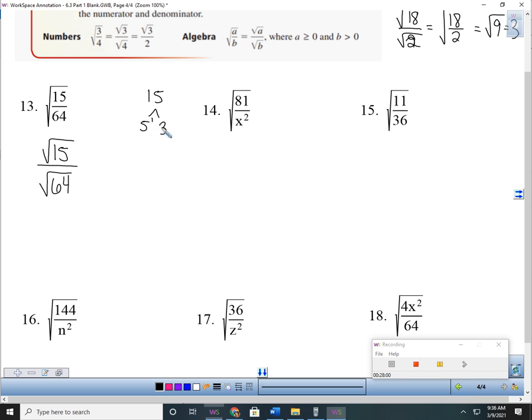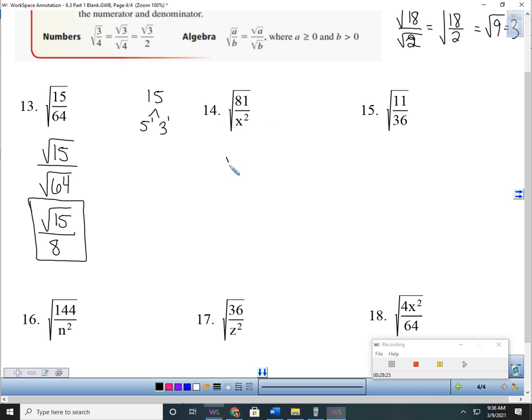So I only have one of this, and I only have one of this. That's the product of two prime numbers, I can't simplify or split that up, so that will stay. But I do know that 64 is a perfect square. So keep the square root of 15 on top. The square root of 64 is 8. There's no simplifying to be done, so I'm finished.